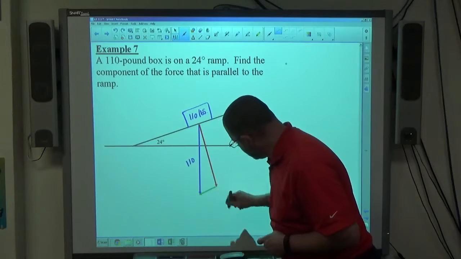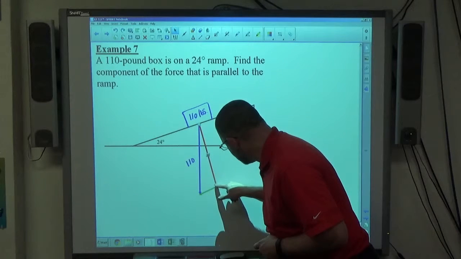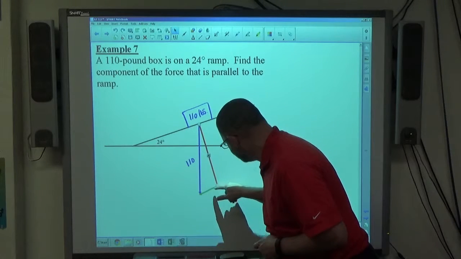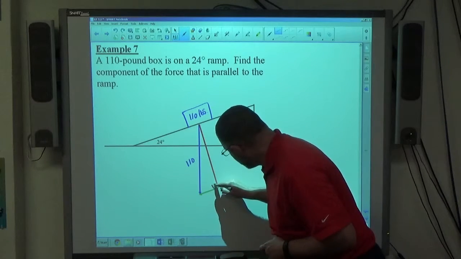So obviously, if I were to draw this well, try to do a better job here. That looks more perpendicular. We get a right angle down here.